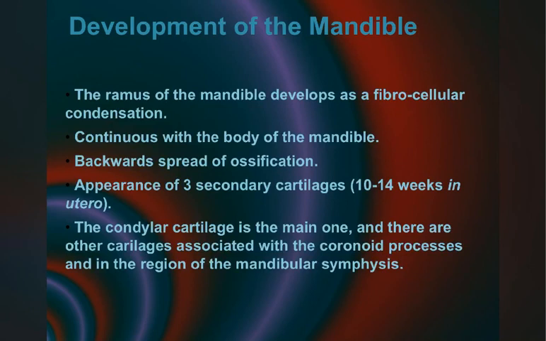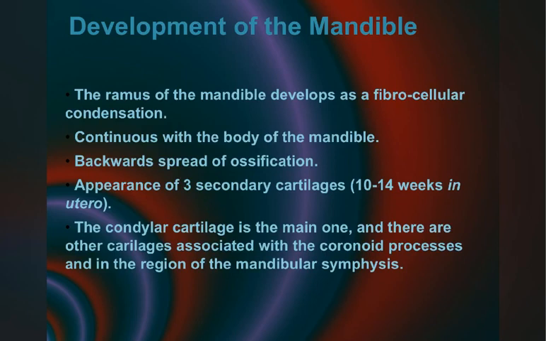The ramus of the mandible, which is the vertical part, develops as a fibrocellular condensation, meaning that before it becomes bone, it was fibrous tissue.